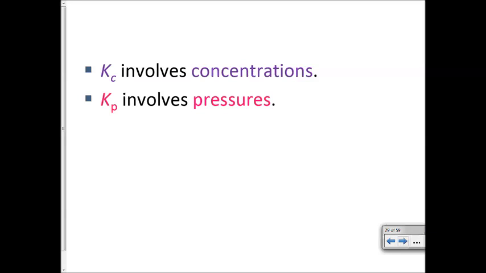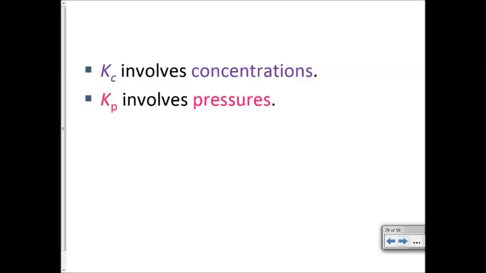And on exercise 1, we're going to write out the Kp and the Kc for the following reaction, but we need to make sure that we write out Kp correctly because we're not going to be using concentration brackets since it doesn't involve concentrations, it involves pressures. So there's a different way to write it. And if you do put brackets around the pressures, they're going to mark it wrong in the expression on the AP exam. The brackets are only for the ones that involve concentrations.